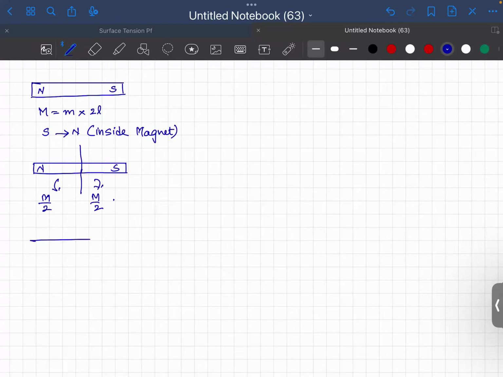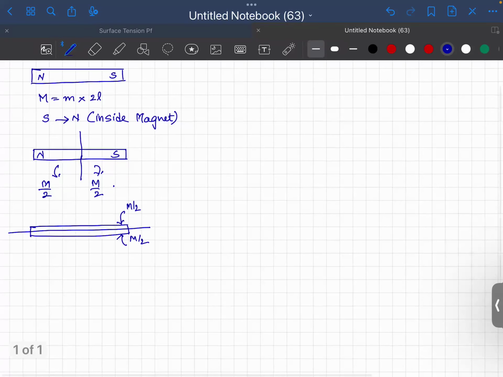If you cut the same magnet like this, in this case also, each part's magnetic moment is m by 2. In the first case, because the length is halved, the magnetic moment is halved. In the second case, since the pole strength is halved, the magnetic moment is halved. Right. Next.